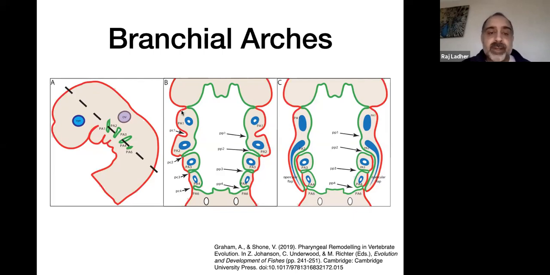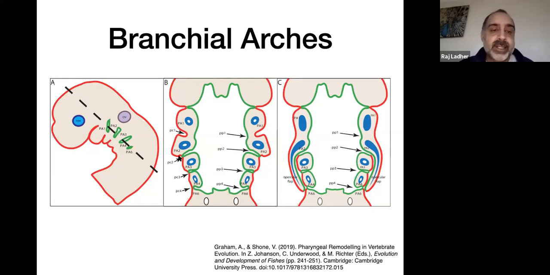And so you have a series of these running along the side of the embryo, and in fact, in some fish species, you can have as many as 10 or 11 branchial arches. In us, we have 4 or 5 that are prominent, and these will give rise to fundamental units of the face.